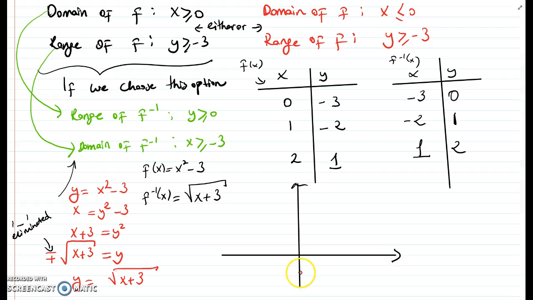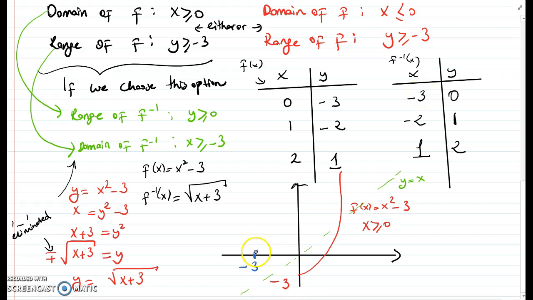So we wanted to have f of x equal to x squared minus 3 when x values are greater than or equal to 0, and we want to get f inverse, which means that those two functions will be symmetric about the line y equals x, and that one will be starting from -3 here and going this way approximately, and that is f inverse of x equal to square root of x plus 3.